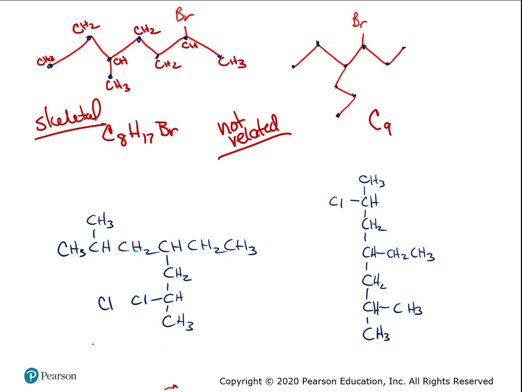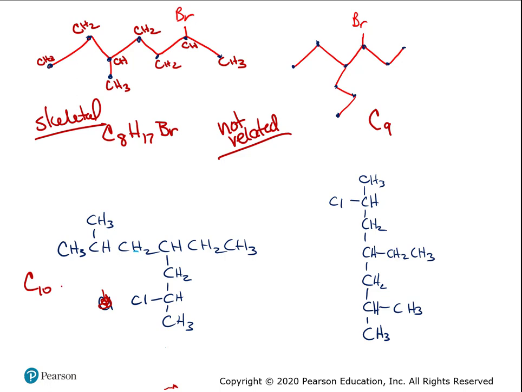What about this bottom one? And I really don't know why there's a chlorine there. Just sort of fell on the page. So first count the total number of carbons. I got 11. 1, 2, 3, 4, 5, 6, 7, 8, 9, 10. You're right. C10. Then hydrogens: 3, 4, 5, 6, 7, 8, 9, 10, 11, 12, 13, 14, 15, 16, 17, 18, 19, 20.